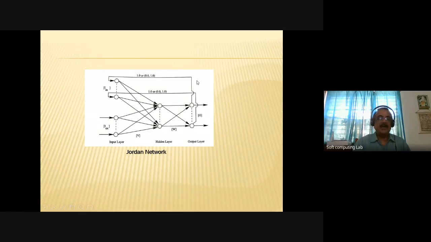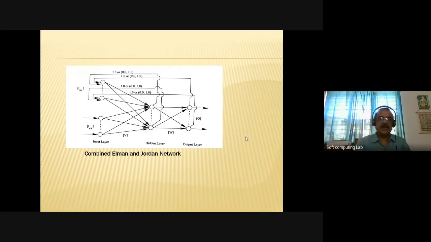This particular output will in fact be fed as internal input to the input of the hidden layer. Once again, I'll be calculating the output of the hidden layer, and that output will be multiplied by the connecting weights and summed up as the input of the output layer, and depending on the transfer function, you'll be getting the final output. So here, the feedbacks are taken from the output layer, but not from the hidden layer. This is the difference between the Elman network and Jordan network.